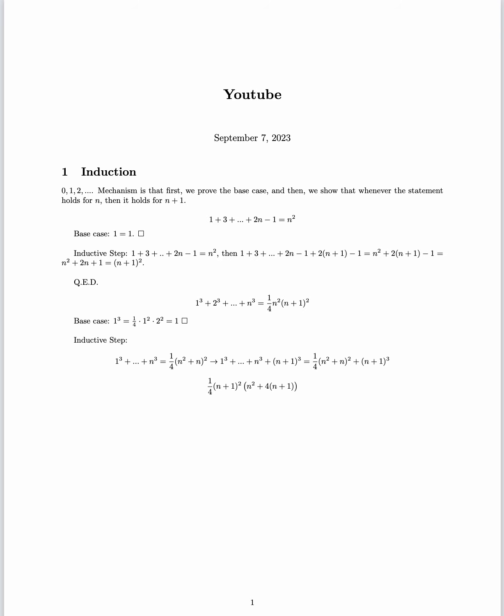And now we can just simplify the part in the large parentheses. That simplifies to 1/4 times n plus 1 squared times n squared plus 4n plus 4, which is equal to 1/4 times n plus 1 squared times n plus 2 squared.